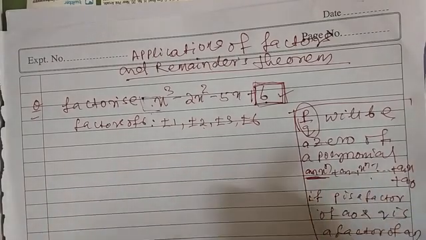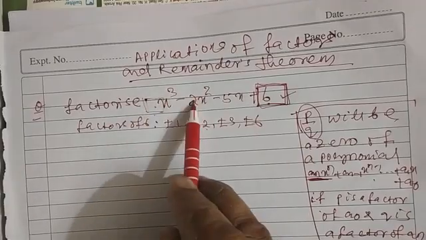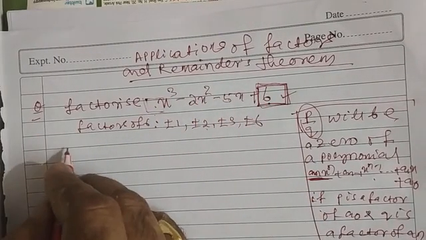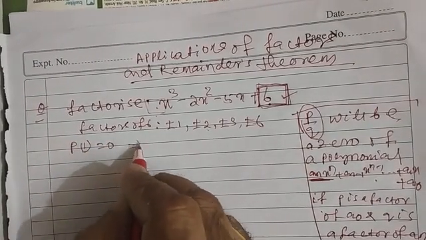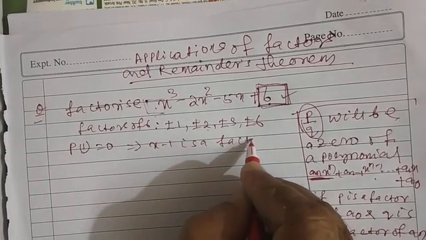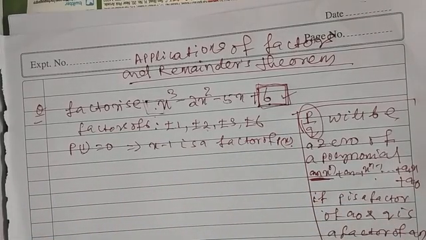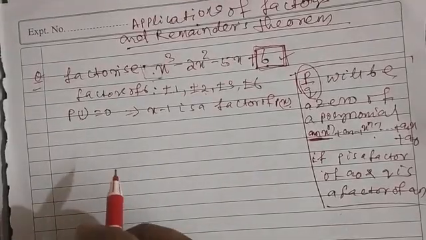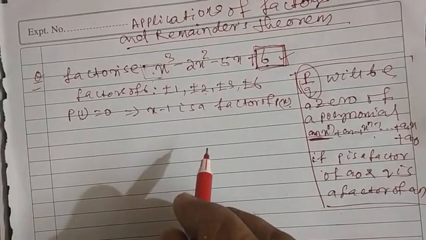If I write x is 1, you look, it is 1 minus 2 minus 5 plus 6, so it is 0. So p of 1 is 0, which gives me x minus 1 is a factor of p(x). If x minus 1 is a factor of p(x), obviously p(x) is divisible by x minus 1.